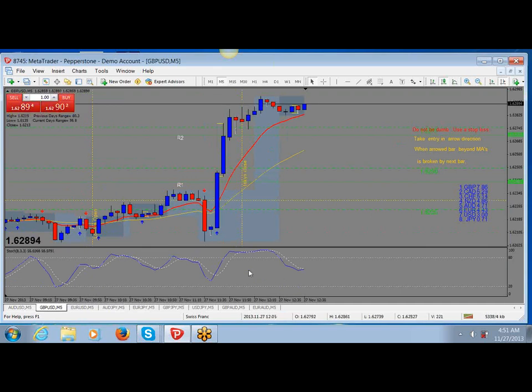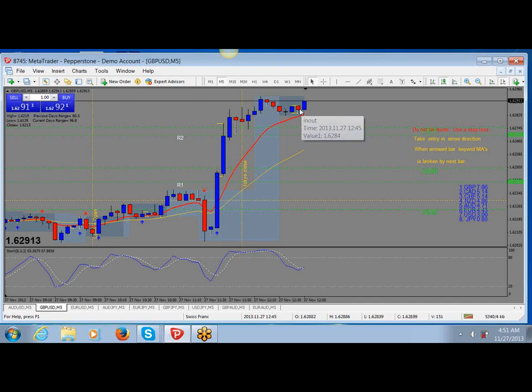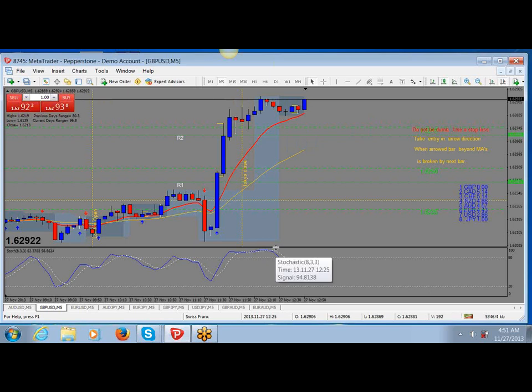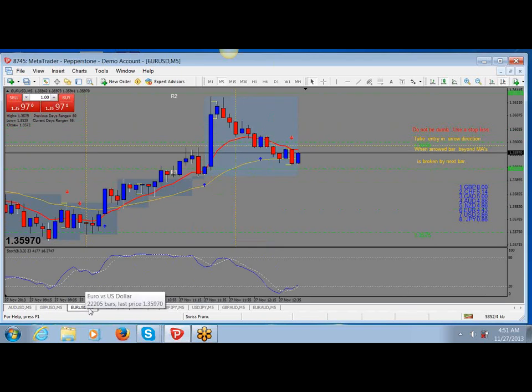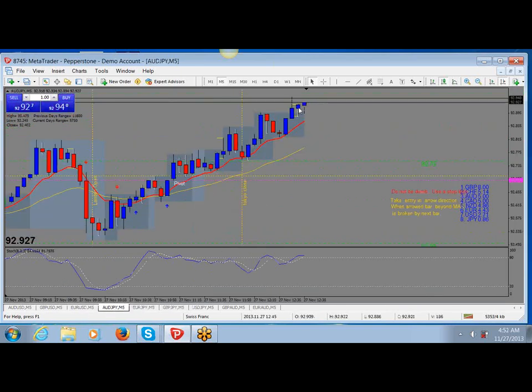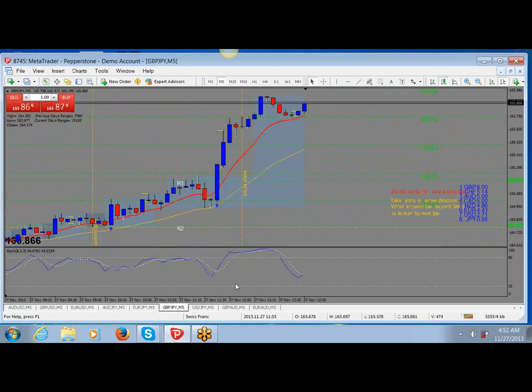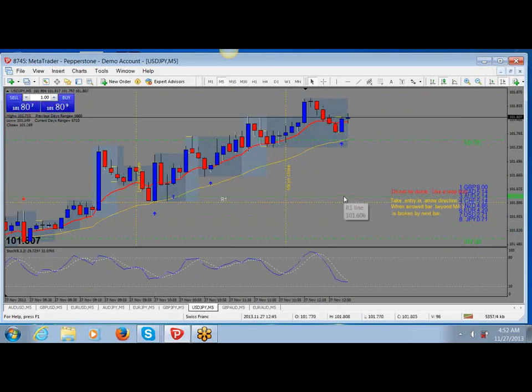Okay, here's pound dollar inside bar break, but we're in that deal. So there's a break if you want to take it. An IB break. Here's another on the Aussie yen. And here's a break on the dollar yen, right there.